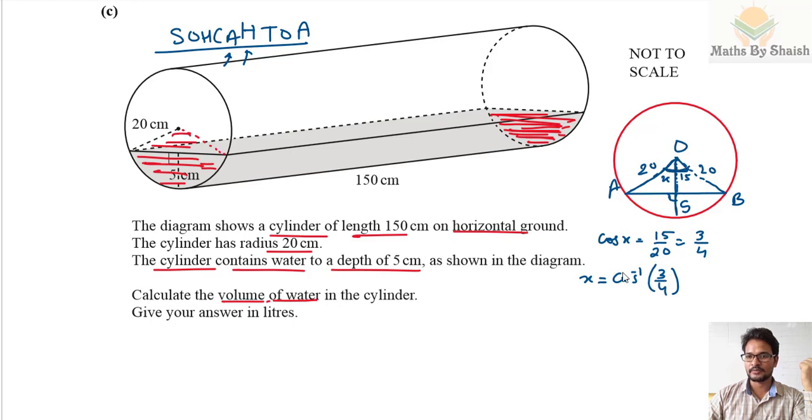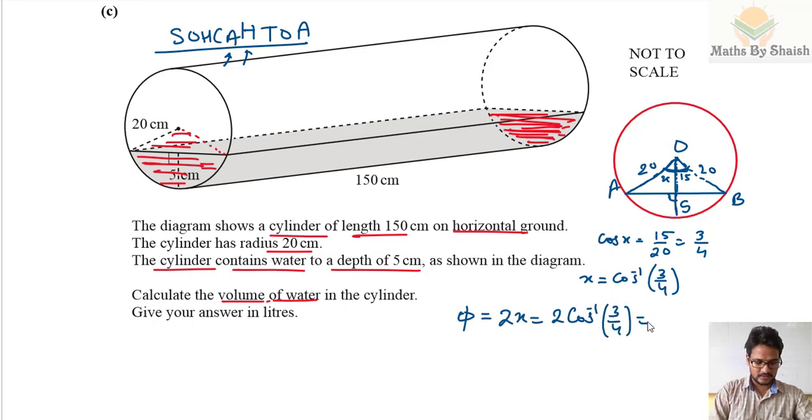So this total angle would be 2x, that is 2 times cos inverse 3 by 4, and we can calculate this. It is 82.81, so it is 82.8 degrees only.